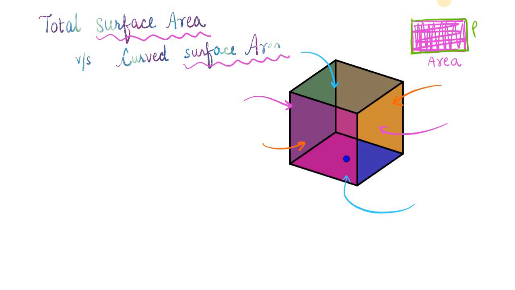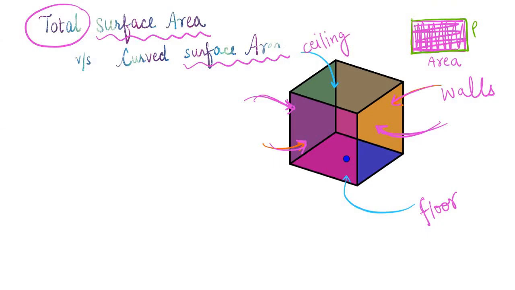Now, which one to find when? Total surface area. Total means all the surface area. You can imagine it's a room, sorry about the background noise. You can imagine it's a room, okay? And this face, this face, this face, and this face, the front face, are the walls. I would say this is the floor, and the top one is the ceiling.